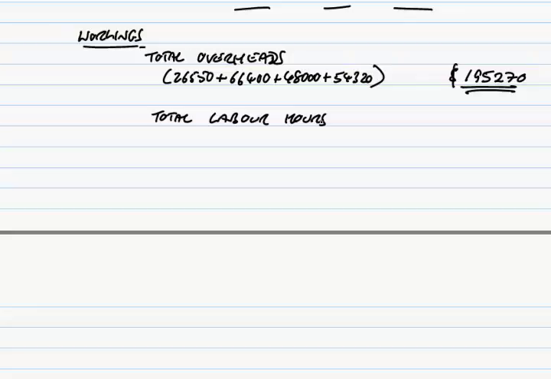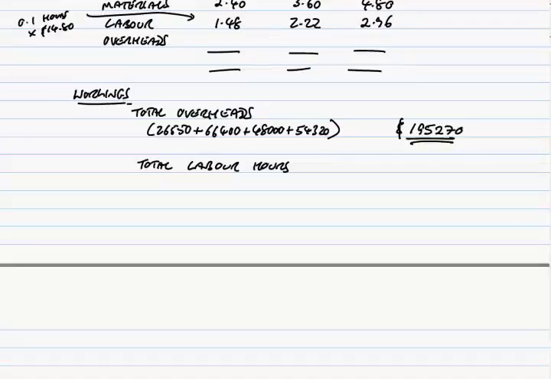And how can we work that out? Well, we know the hours per unit from the top table, and we also know from the first line of the top table what the production was. So, let's add them up. For A, we're making 15,000 units, each one taking 0.1 hours. So 1,500 hours.